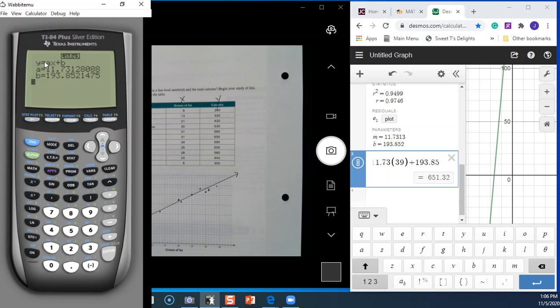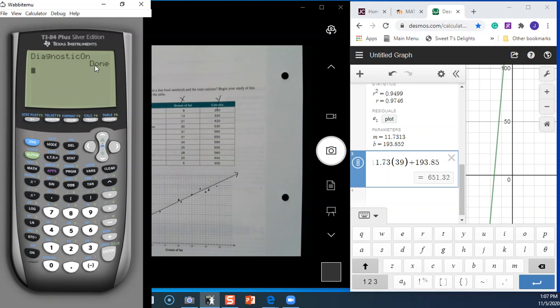Now, here's the issue. If your calculator is like mine and you don't see the r or the r squared, what you need to do in order to get the r or the r squared is press second 0 to catalog. Then you will go to this x to the -1 key, right where I'm pointing at. Hit that and that'll take you down to the D's. Now you will scroll down until you get the diagnostic on and press enter twice.